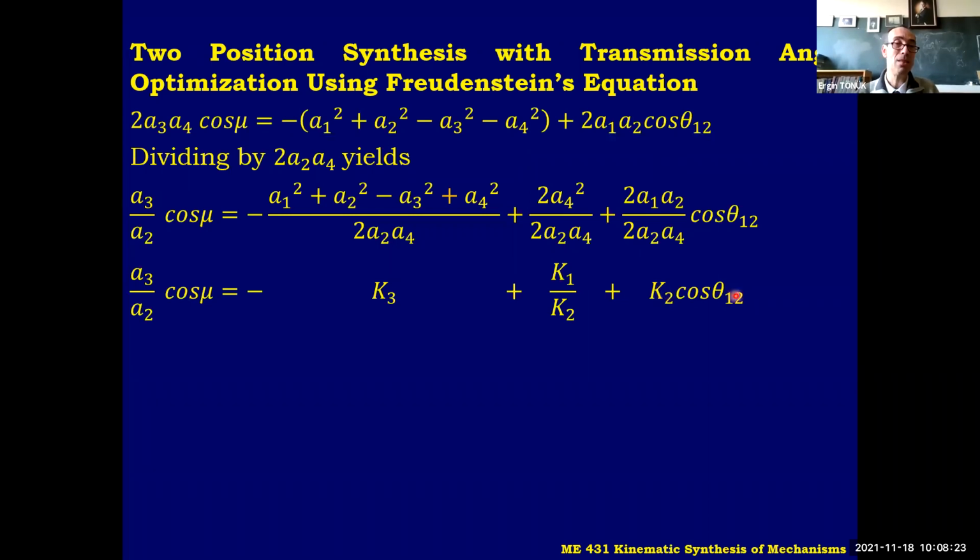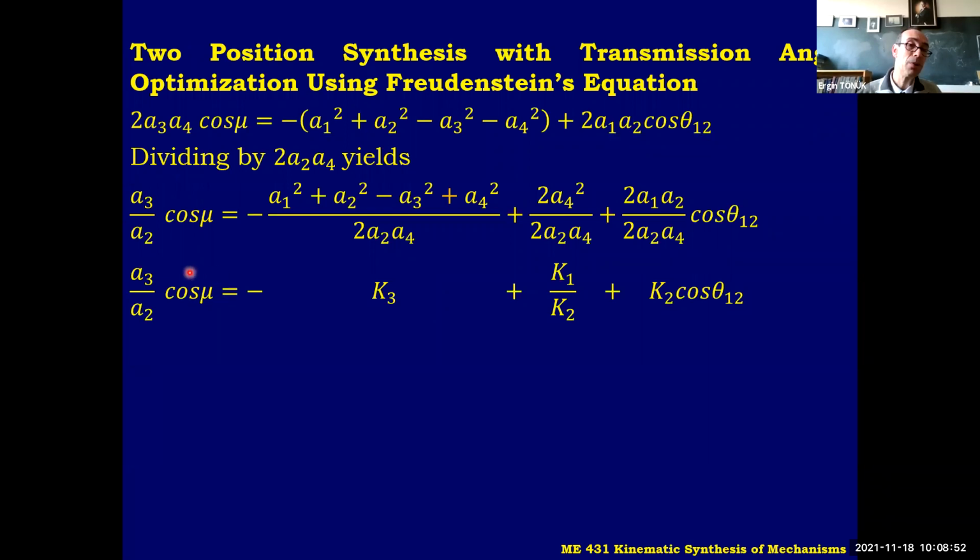So this is how we express the transmission angle equation in terms of Freudenstein's parameters, but still I have an A3 over A2 cosine mu. Now, actually we want delta mu1, or the deviation of transmission angle from 90 at the two ends, to be equal.